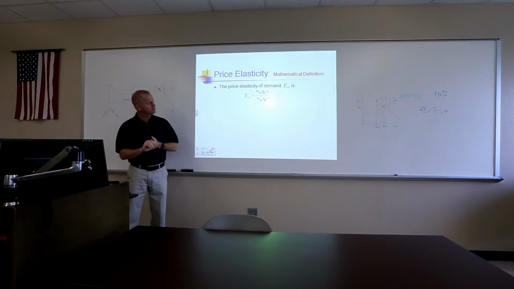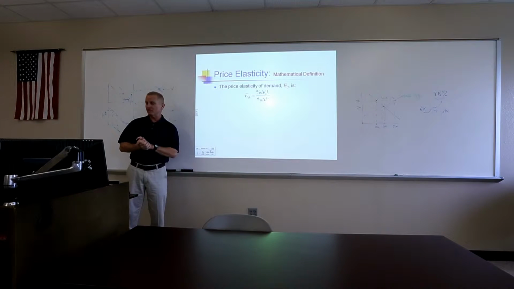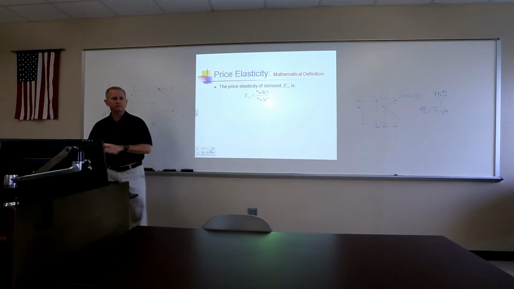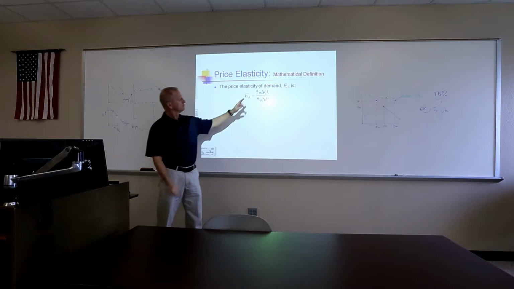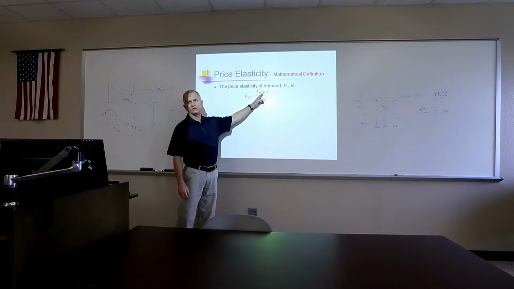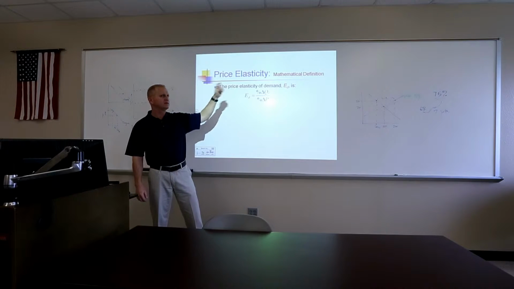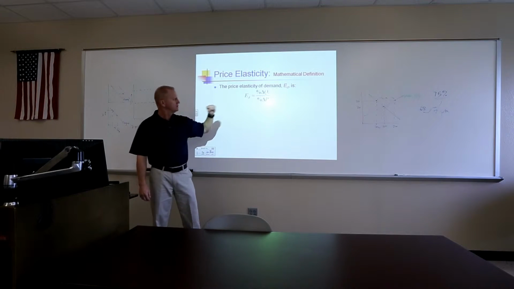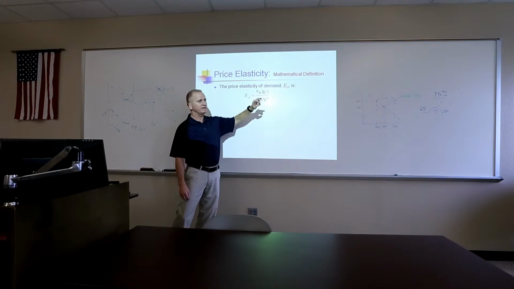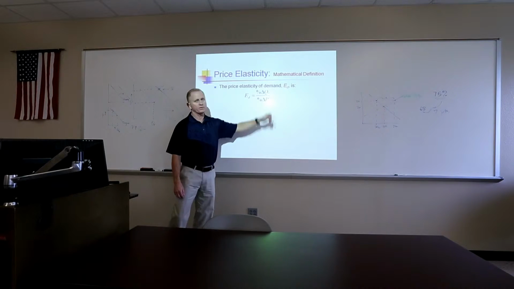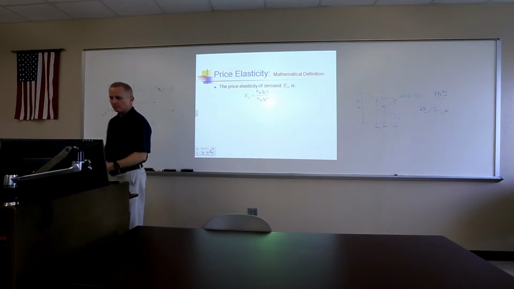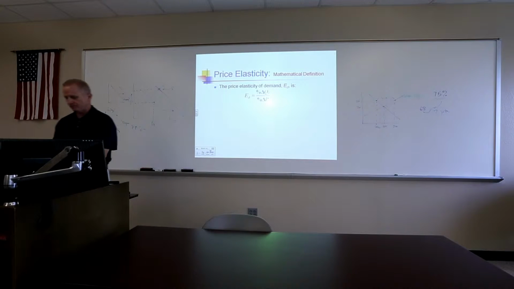So the coefficient is the percentage change in quantity demanded divided by the percentage change in price. So I'm reading it how those symbols are. Percentage change, that's a delta sign, by the way. Everybody knows what that is mathematically. It's a little triangle, a delta sign, which means a change. Percentage change in quantity demanded divided by the percentage change in price. And that's the basic calculation.